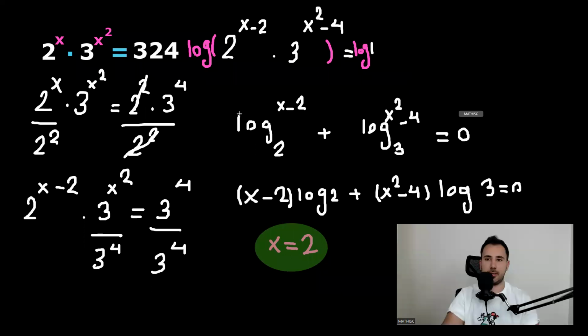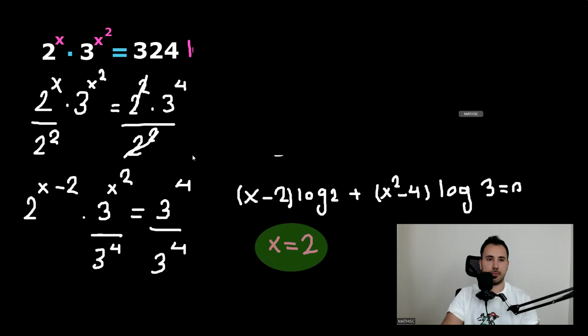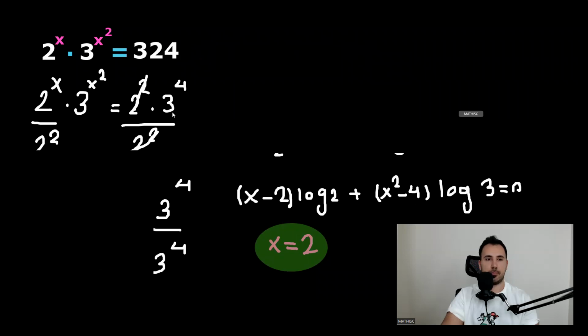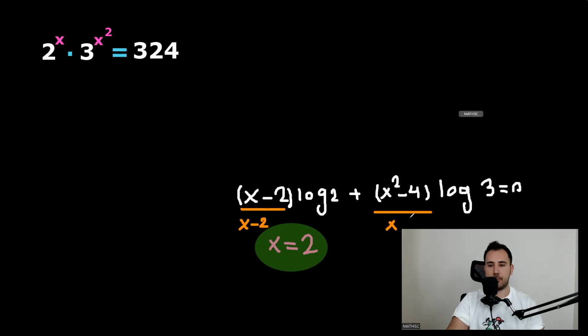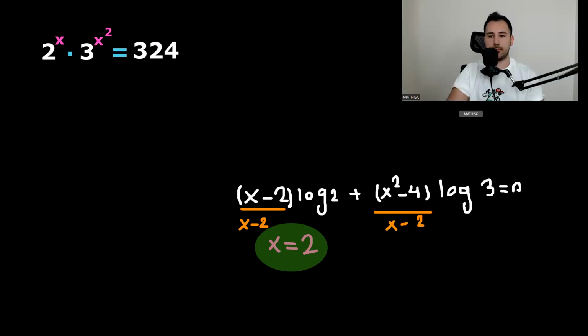So we're going to try to find the next solution. I'm going to clean all these parts to give us some space. Now to find the next one, we're going to divide both sides by x minus 2. Of course, when we do this, this would be 1, this would be simplified, and this would be x plus 2.